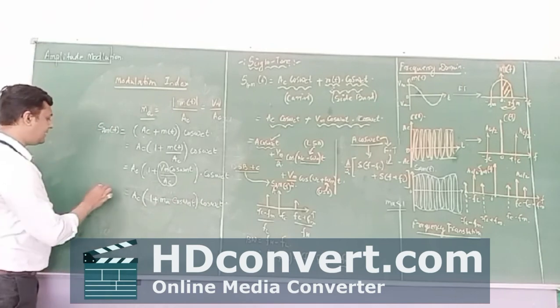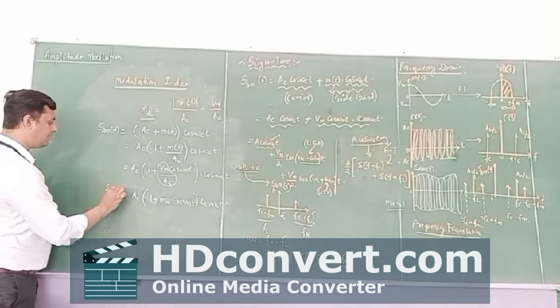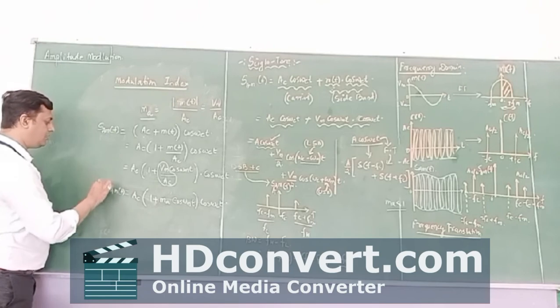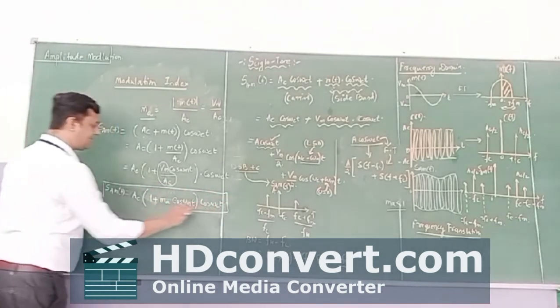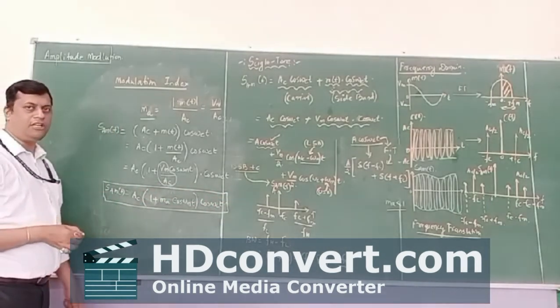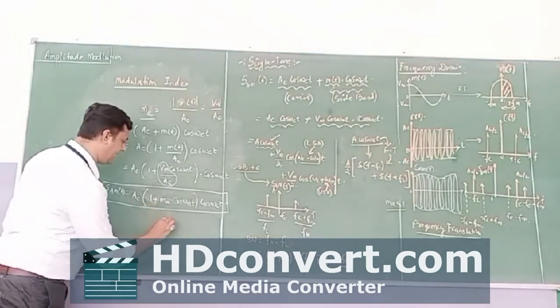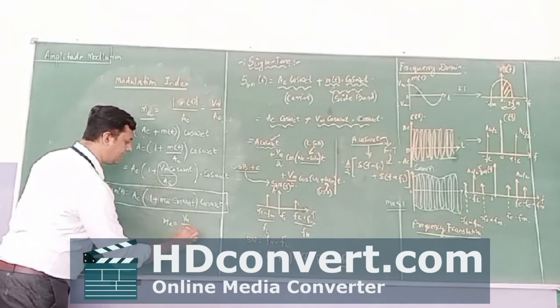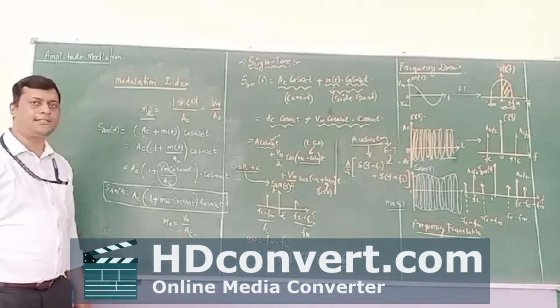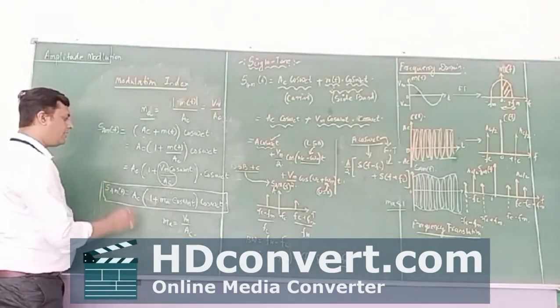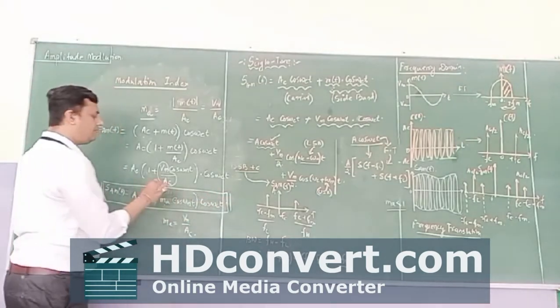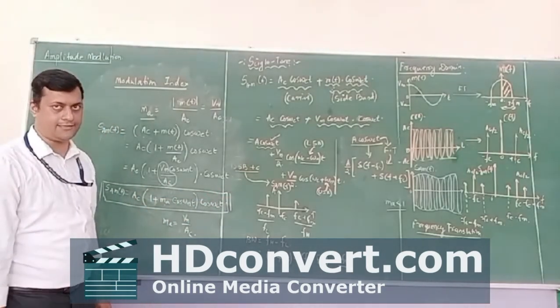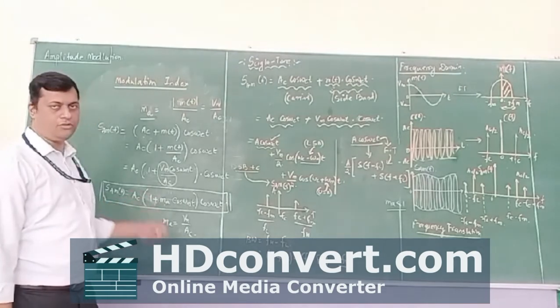Okay, so this is the AM equation for a single tone modulated signal whose modulation index is Ma, where Ma equals Vm by AC. So this is the general representation of the AM signal in terms of modulation index. Okay, this is the single tone representation.